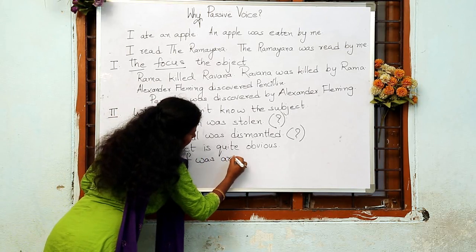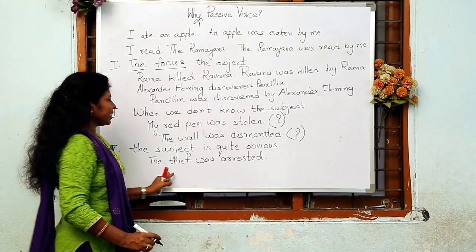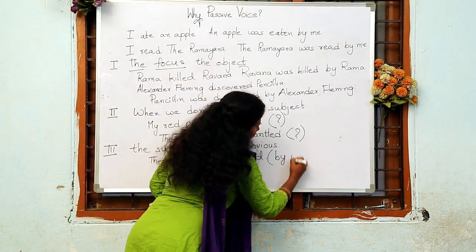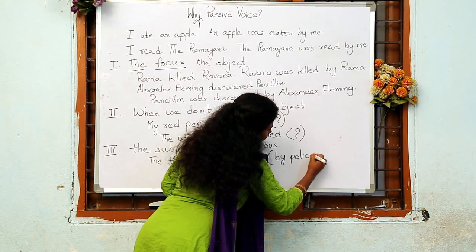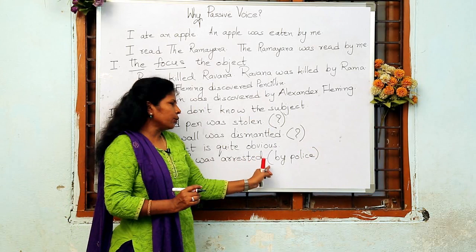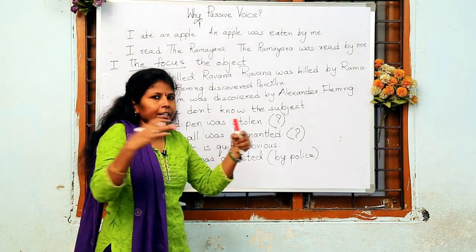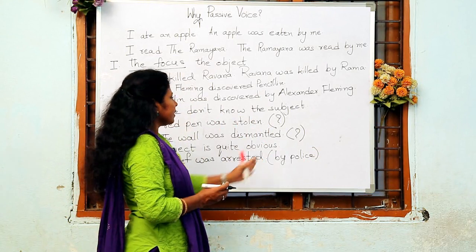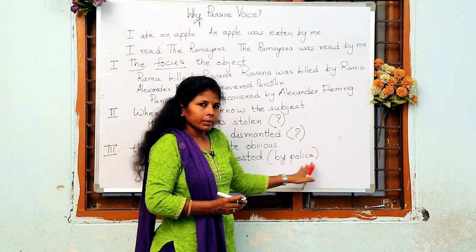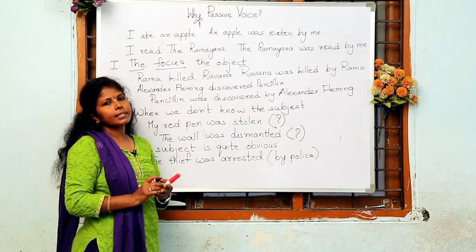In this case, you know that the thief was arrested, obviously by the police. So here the subject is obvious. You don't need to mention it and be wordy. When you want to avoid wordy sentences, we can eliminate words which are obvious and go with the short form of the sentence.